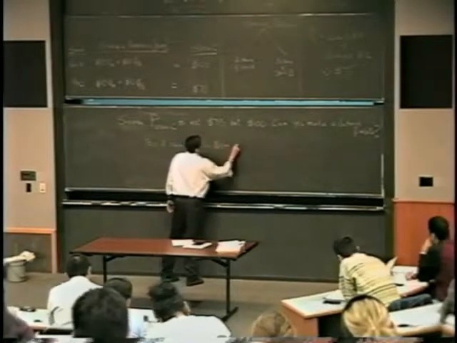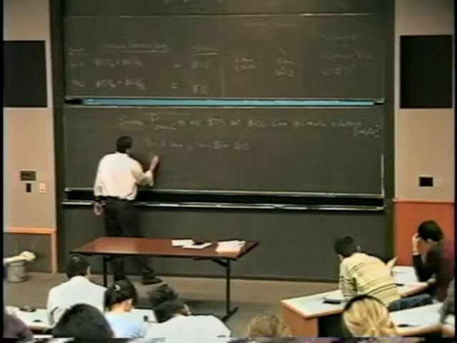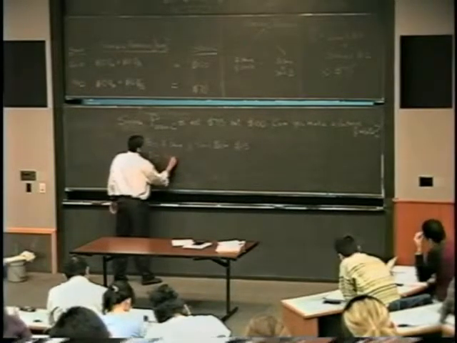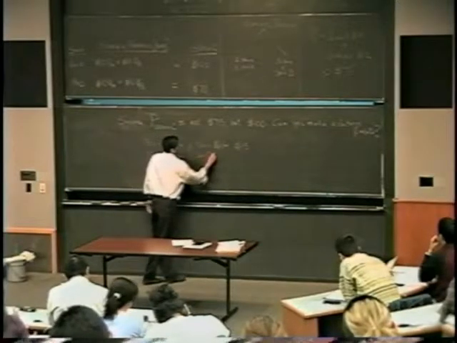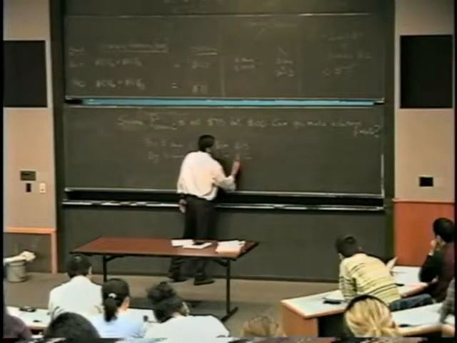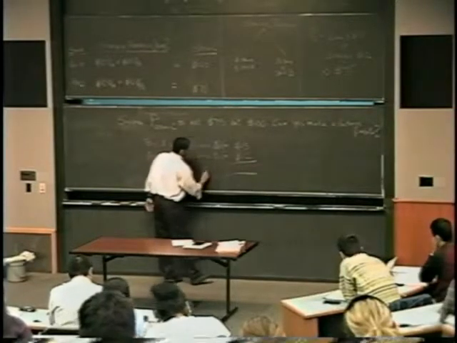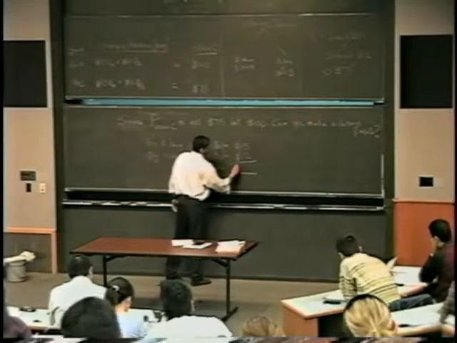For 15. Buy how many shares? 5 shares of stock B for total price 75. Total price is 75, right?